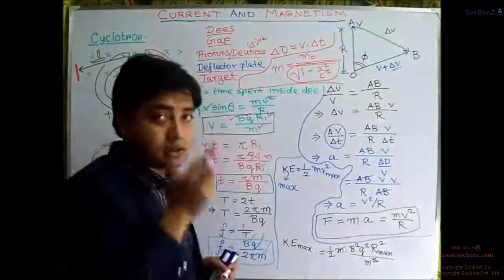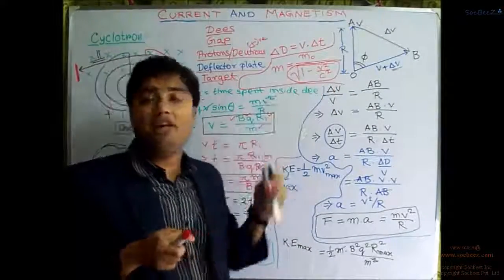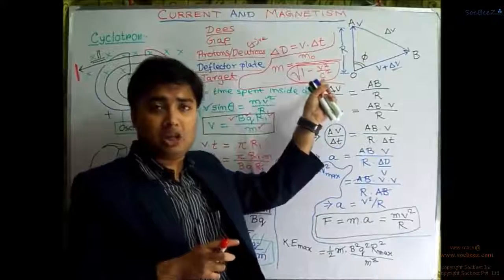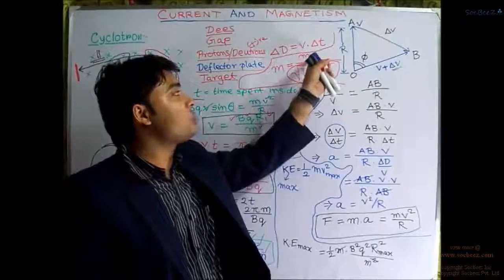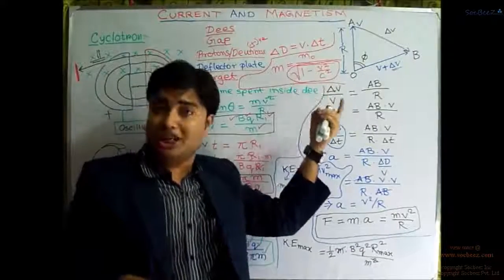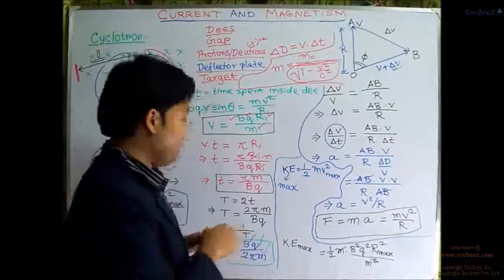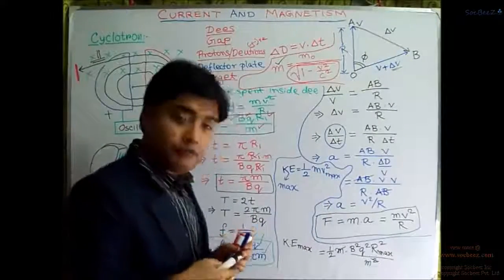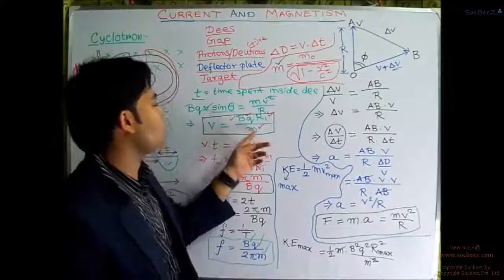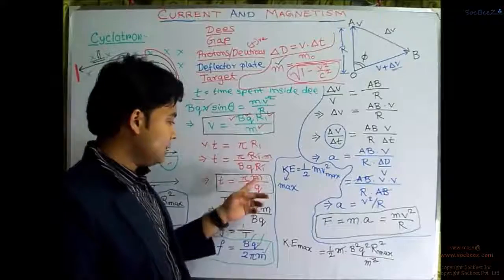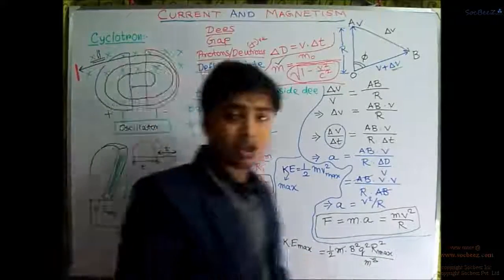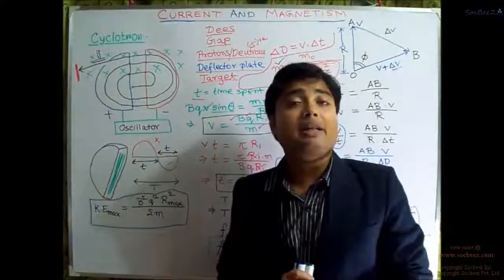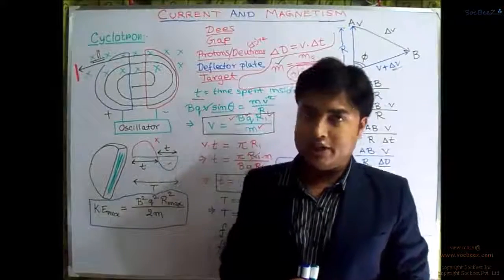If V increases, then obviously the denominator is bound to change, which means m naught divided by something is changing, so now we have a new mass. But if you observe closely in all the relations we mentioned, for example the maximum kinetic energy, this m, we have treated as a constant, right?